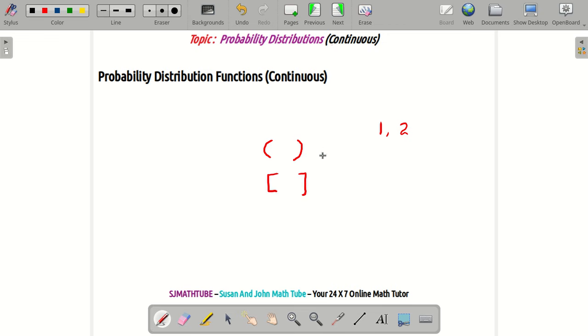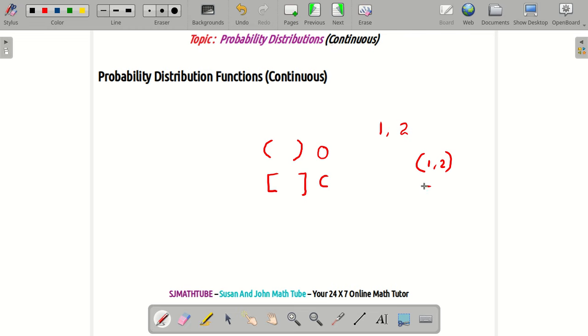One is called the open interval and the other is called the closed interval. So, if I want to tell someone that I'm using all the numbers between 1 and 2, I'll write (1, 2). And what does it imply? It implies I'm using all the numbers between 1 and 2 excluding 1 as well as 2.